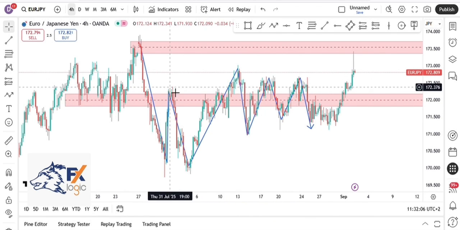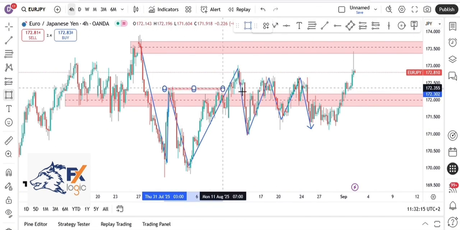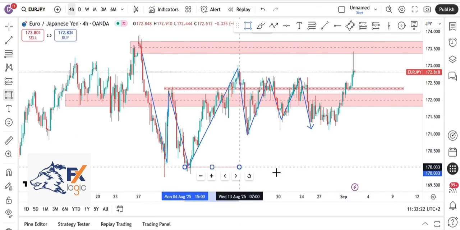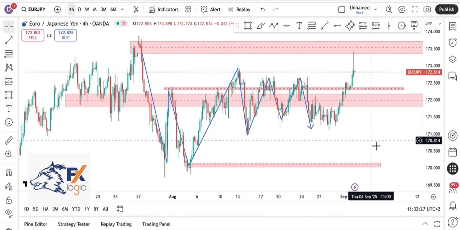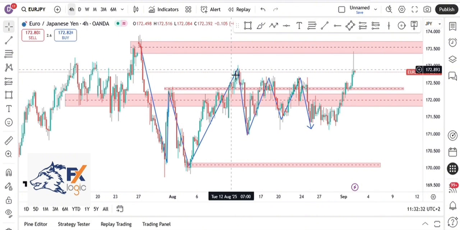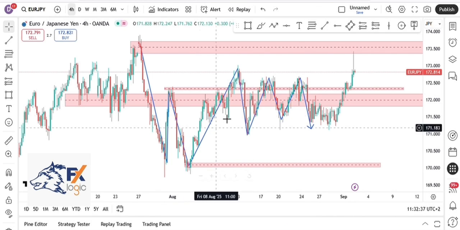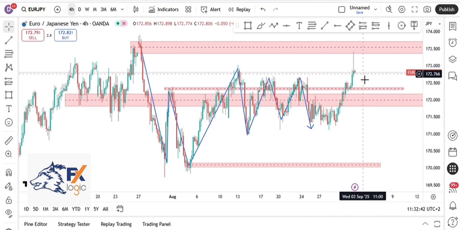So we're sort of in a range on the 4 hour time frame. So I'm seeing something like this, and I'm also seeing something like this. Okay, so on the 4 hour time frame, we have a rising uptrend overall, because from here, lower high, lower low, higher high, higher low. You see? So the price is here currently now.